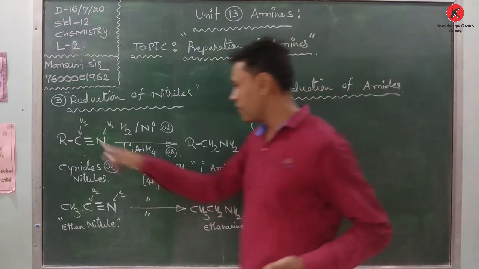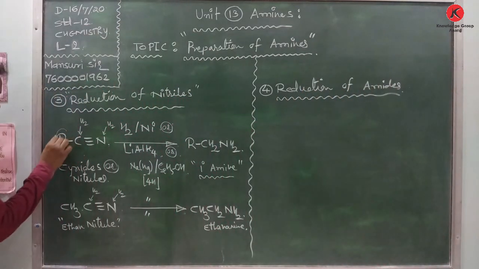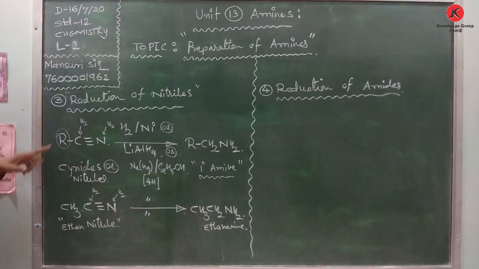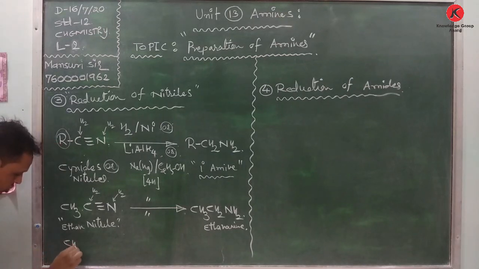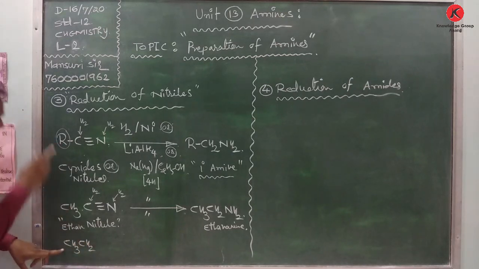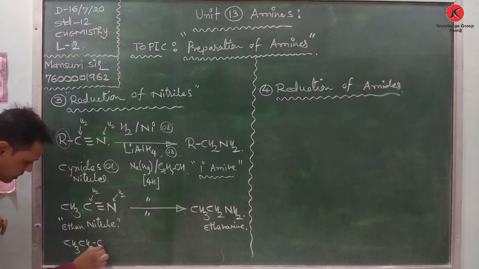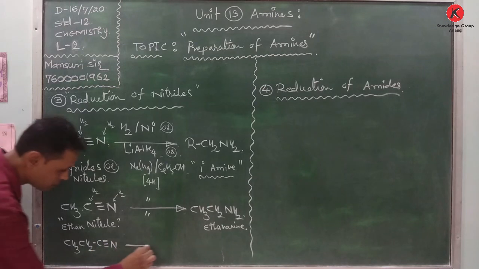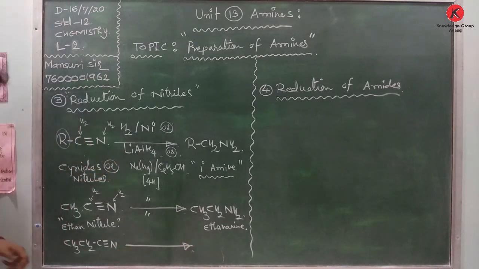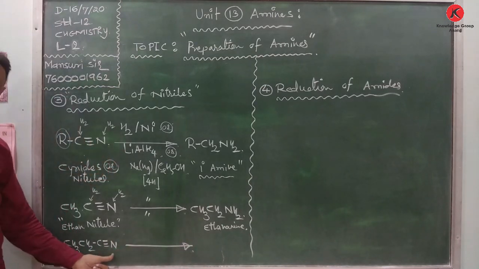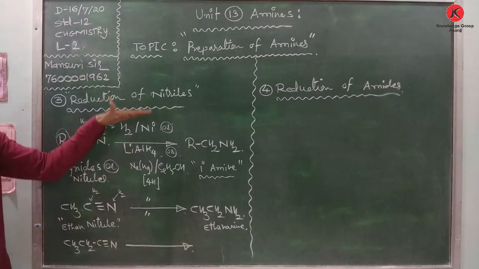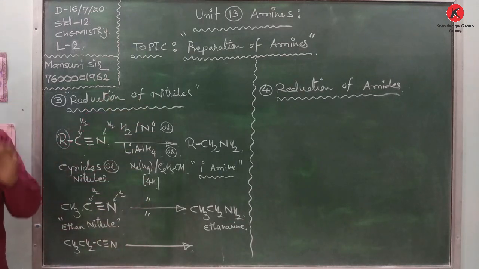And if we have an ethyl group over here, then CH3CH2 should be placed, and thereafter CN is as it is. So when propane nitrile is taken and this reaction is carried out, propan-1-amine is formed.